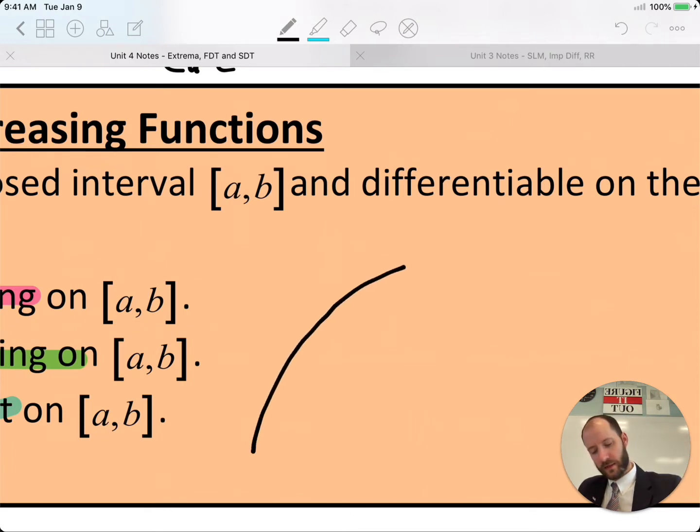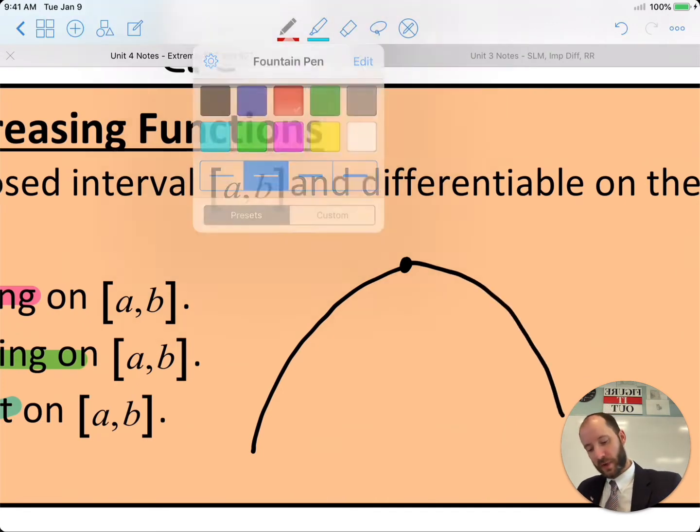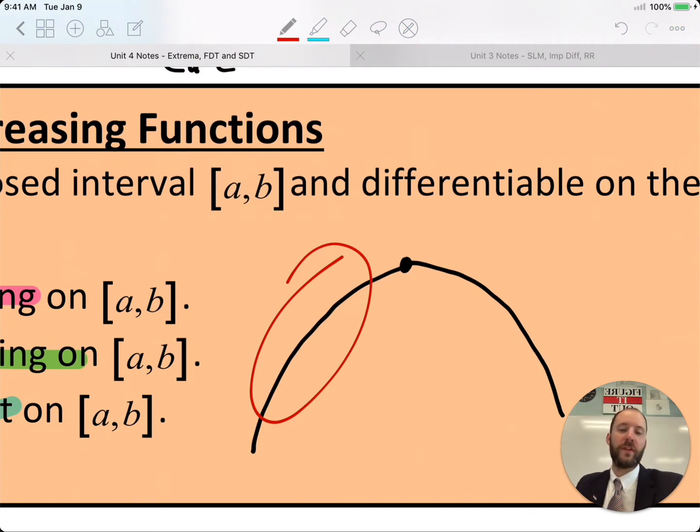So like here, this endpoint right here, endpoint of an increasing interval, then the function goes down. Well, in this open interval, our derivative is greater than 0, so we're increasing in the closed interval from a to b.